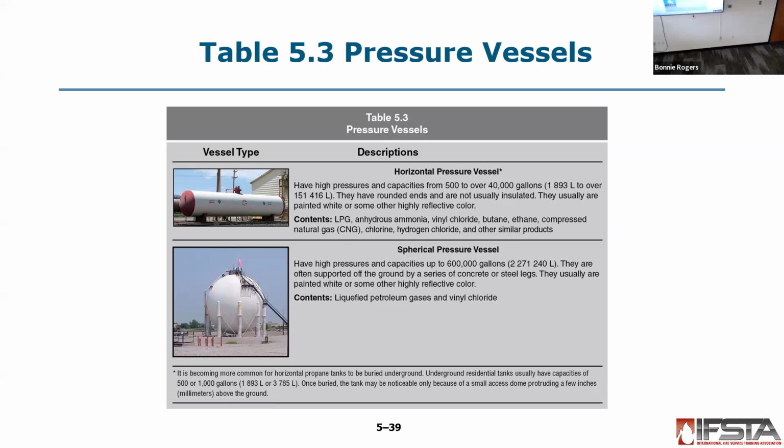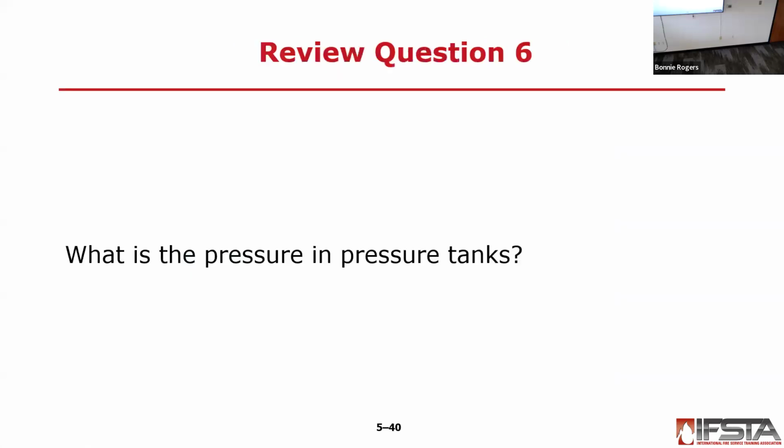For the distance you have to isolate, if you have that spherical pressure vessel and it's about to go boom, you don't want anyone or anything near that. The quantity could potentially have a significant impact on how you respond to it. Okay, so what's the pressure in a pressure tank? About 15 PSI. Okay, good.